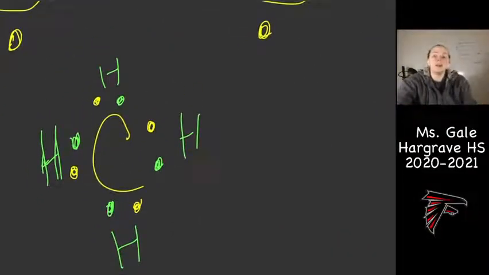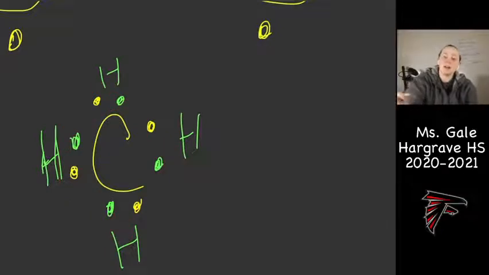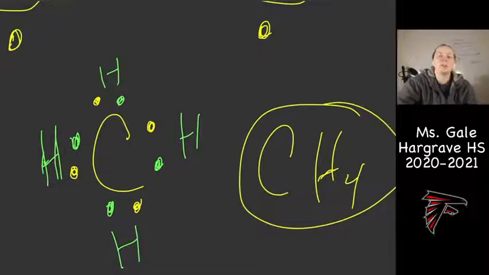Are all of his electrons happy now? He's got a pair here, here, here. I'd say they're all happy. And that is how we bond carbon and hydrogen to make CH4, which is methane.